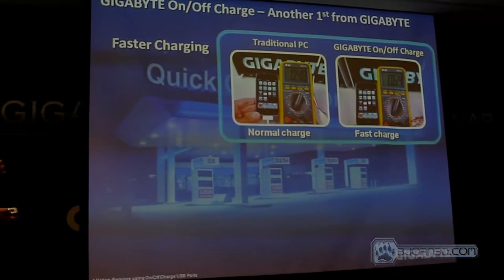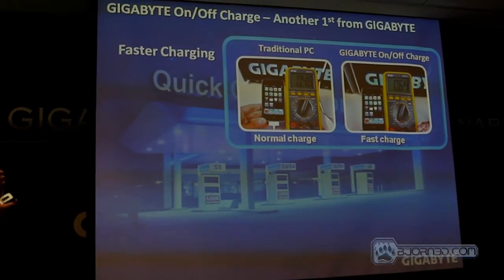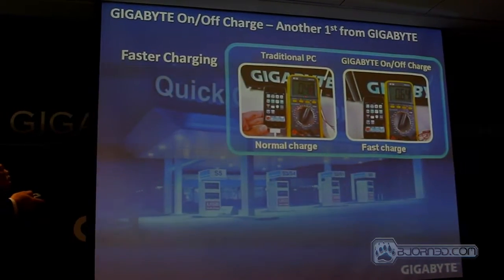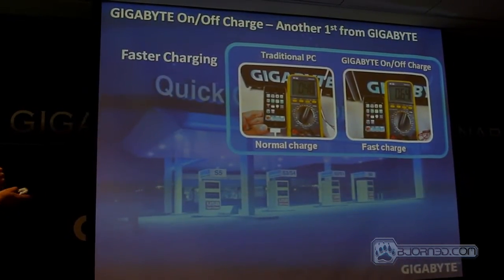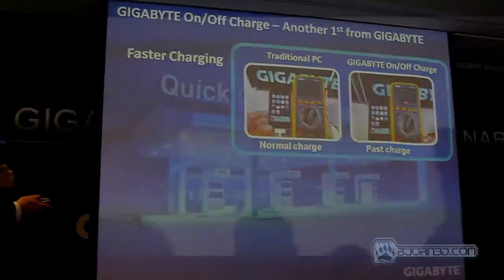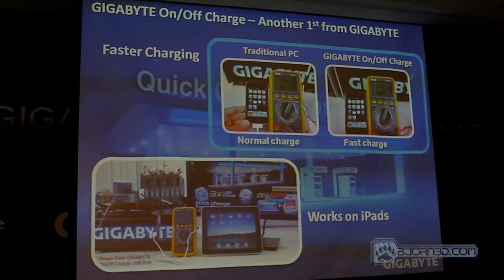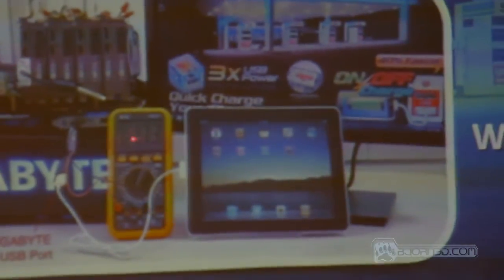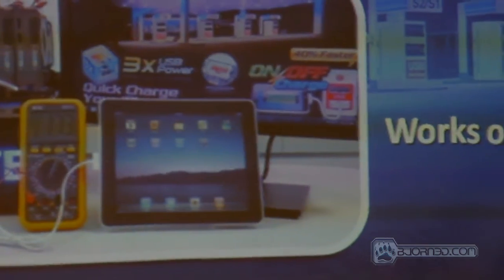First, it provides faster charging by increasing the amount of current that can go to the device. In this example, we're using an iPhone, and a standard port would provide around half an amp, 500 milliamps. And Gigabyte, well, you can see it's a little bit more. It works on iPads. In this situation, it's charging at 1.73 amps.